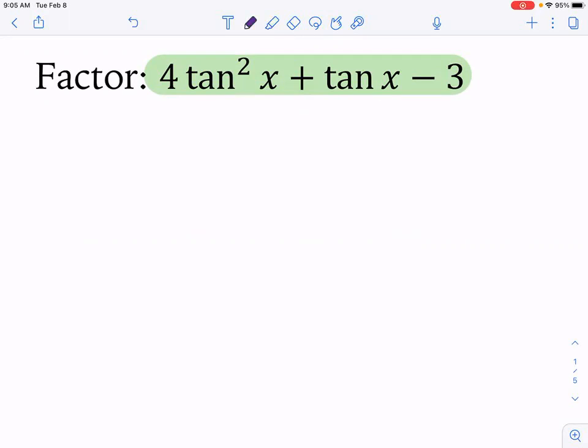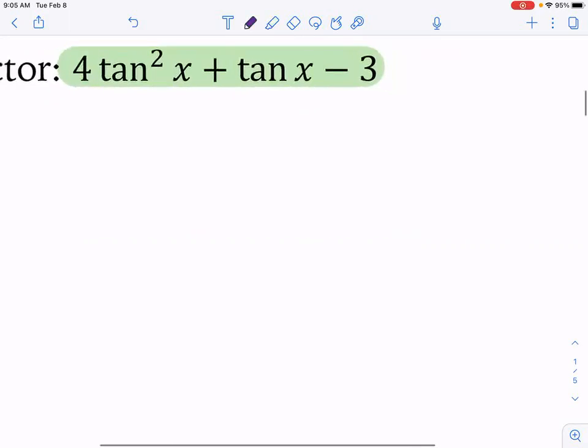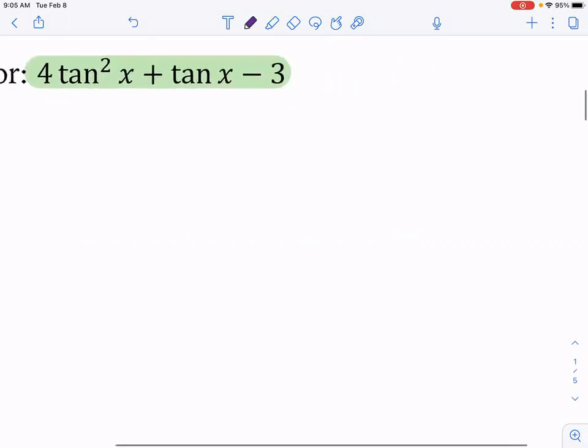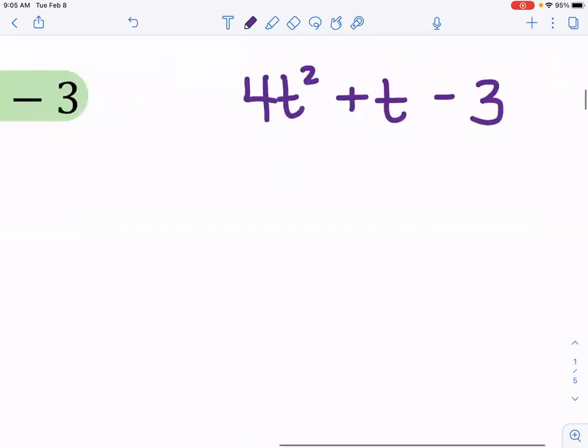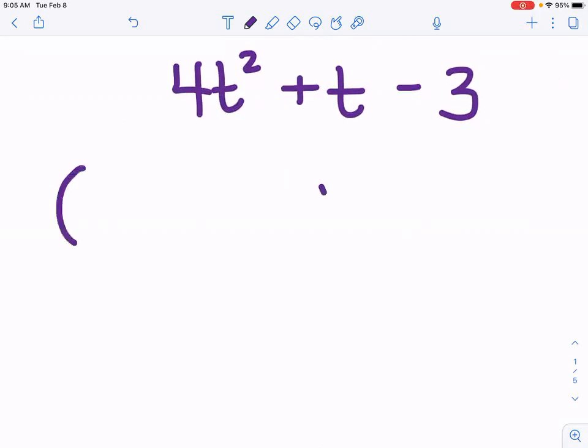Now, my suggestion to you is if this is hurting your eyes, like, man, I don't like this, well, let's come over here and let's write it as 4t squared plus 1t minus 3. Instead of tangent, I just wrote t to make it easier for us.